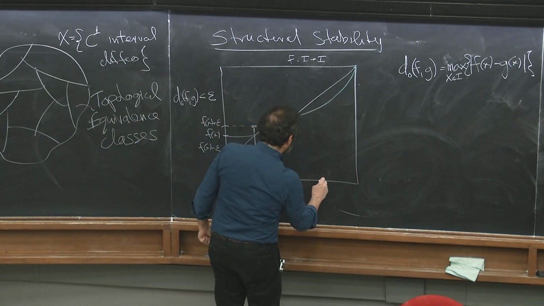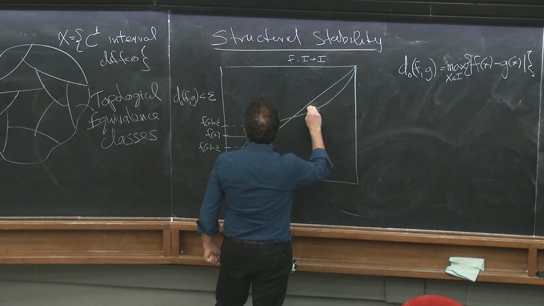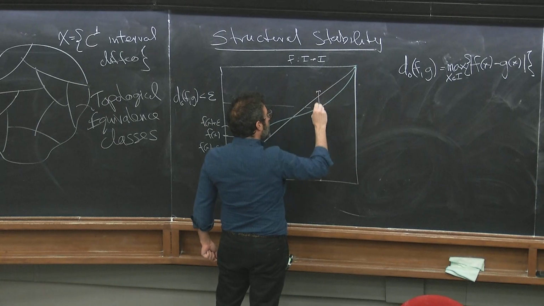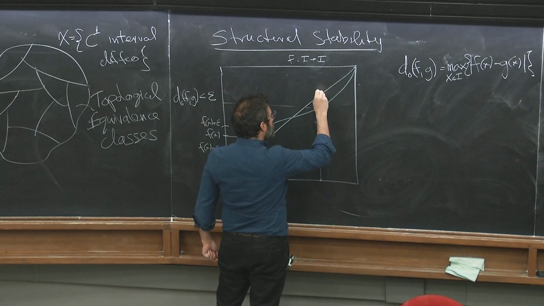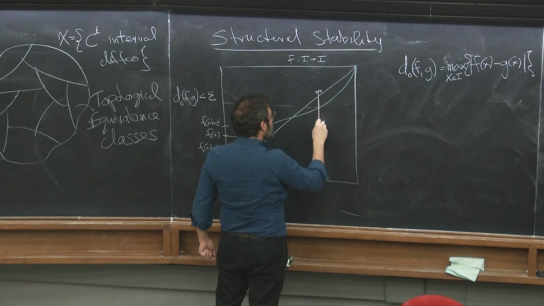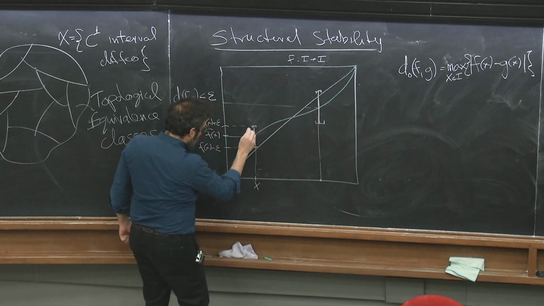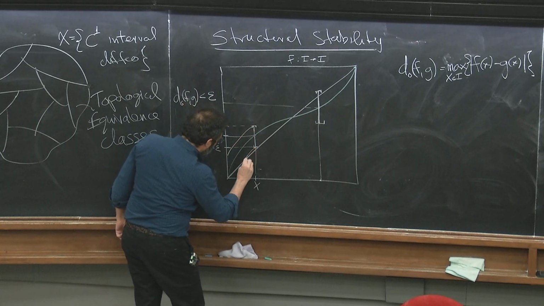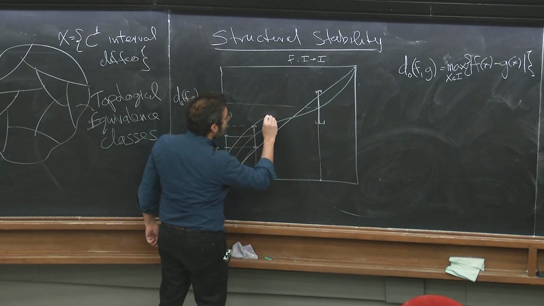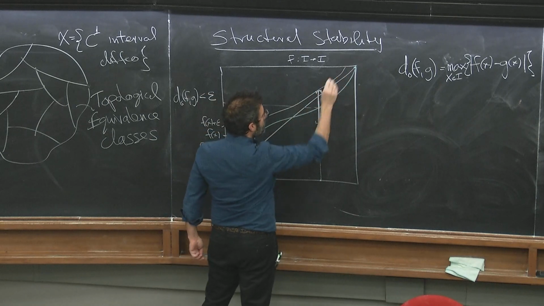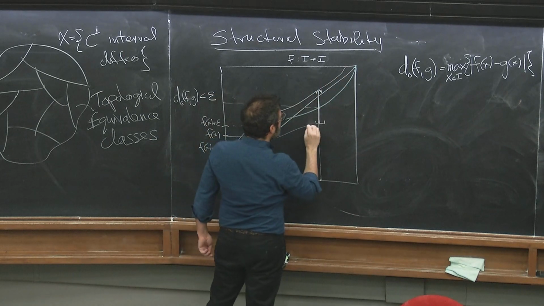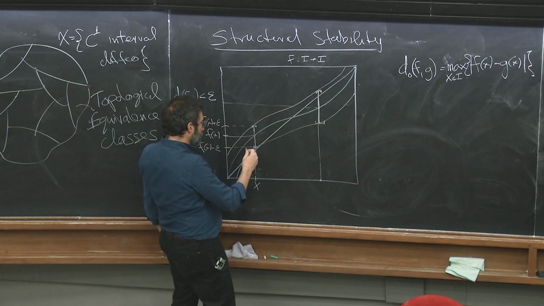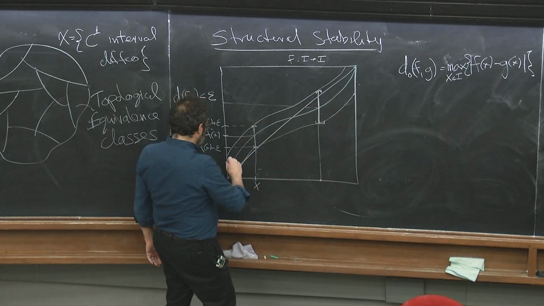And this is true for every point. So if you take another point here, its image f(x) will be this, and now I'm drawing a big epsilon, but of course you should imagine a small epsilon. So that means that you have a kind of neighborhood of the graph, an epsilon neighborhood of the graph. And that means that the function g should be everywhere inside this neighborhood, right?